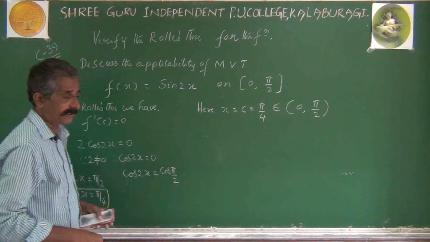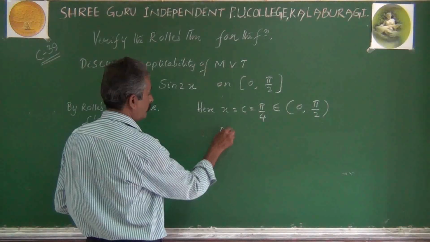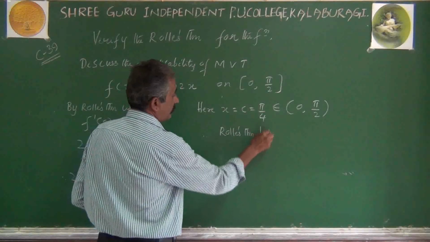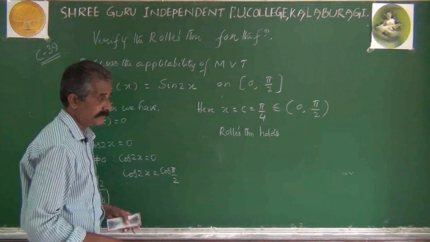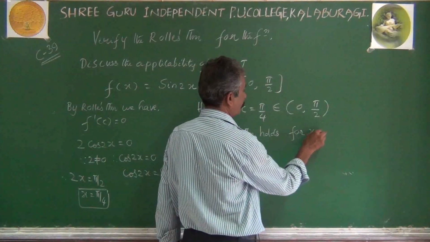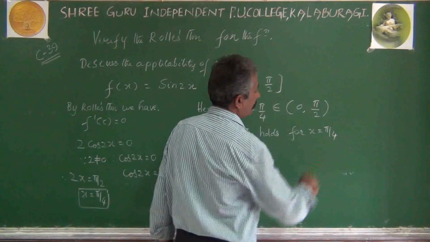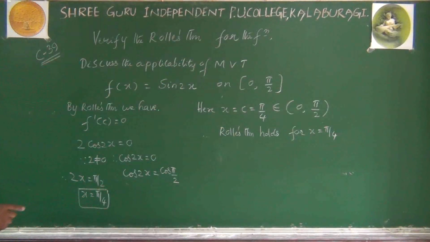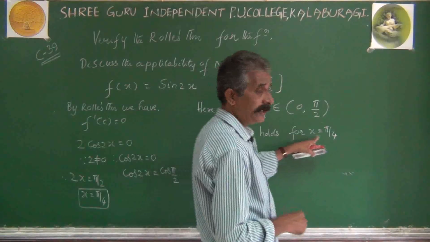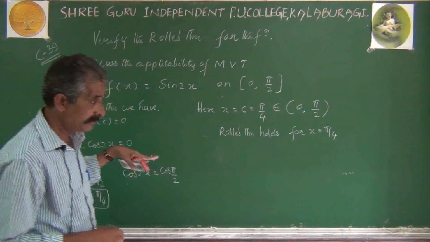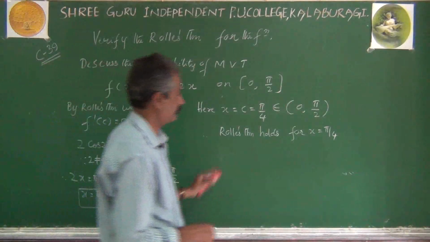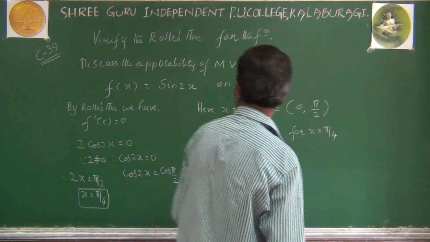Therefore, lastly, Rolle's theorem holds, or you can write that Rolle's theorem is satisfied for x equal to pi by 4. This is analytically; geometrically, on this curve at this point, we have a tangent parallel to the x-axis.